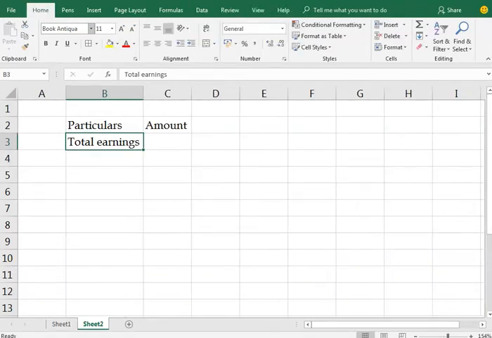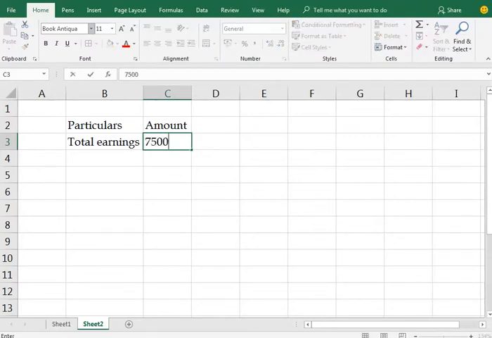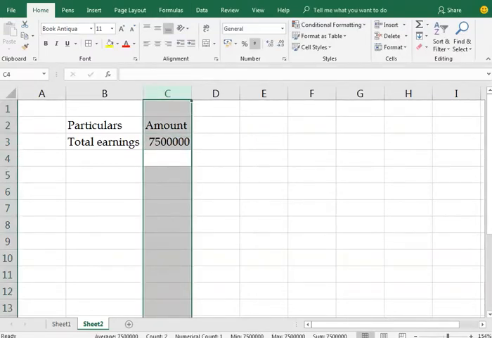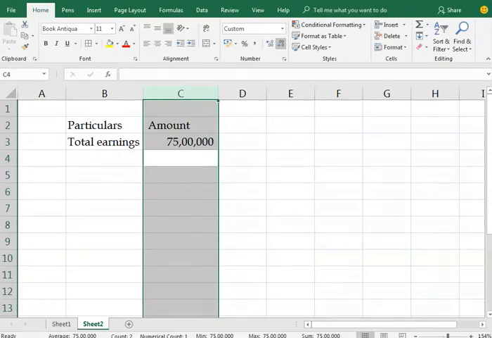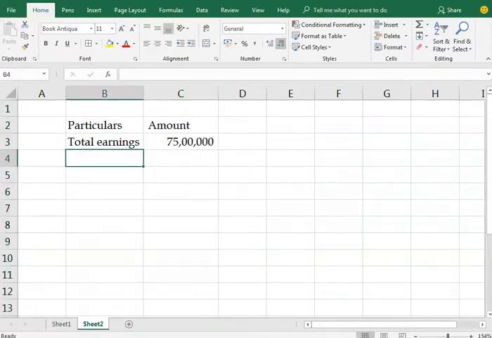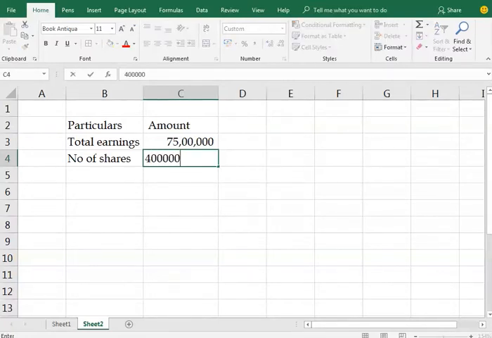How much are the total earnings? 75 lakhs. Total earnings 75 lakhs. Number of shares. How many shares are there as of now? 4 lakhs.